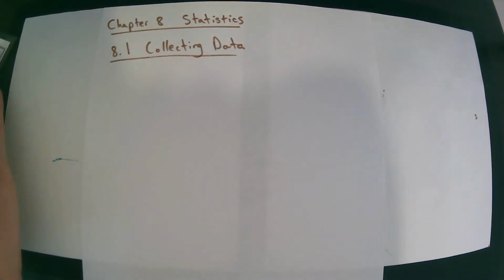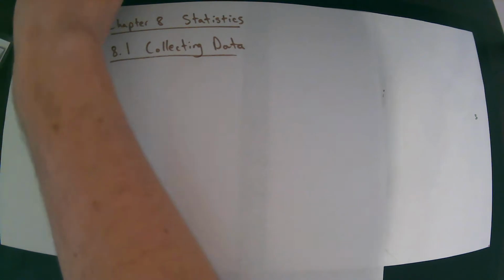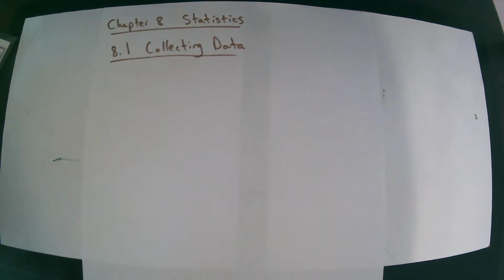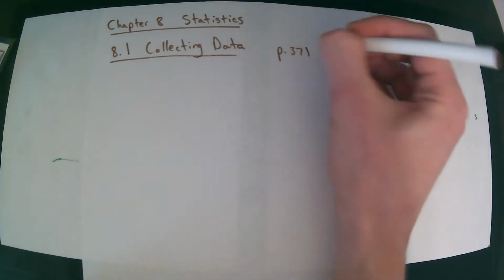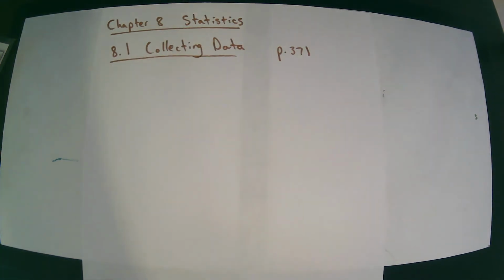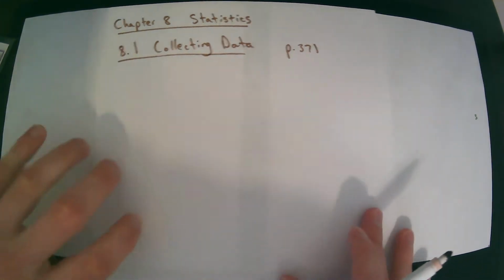So in this, it's going to be a lot of definitions, different ways of collecting data from a population. I'm going to be following along the way the text goes here. This is on page 371. And the first definition we see is a population. So let's just get that written down.